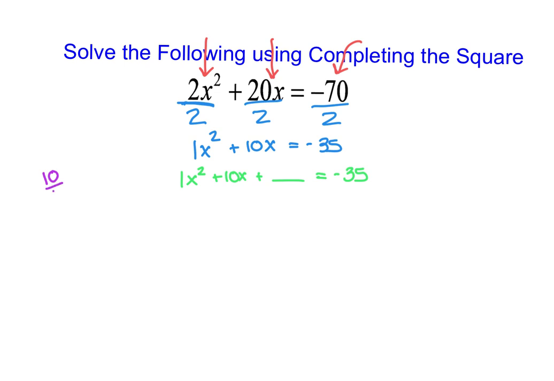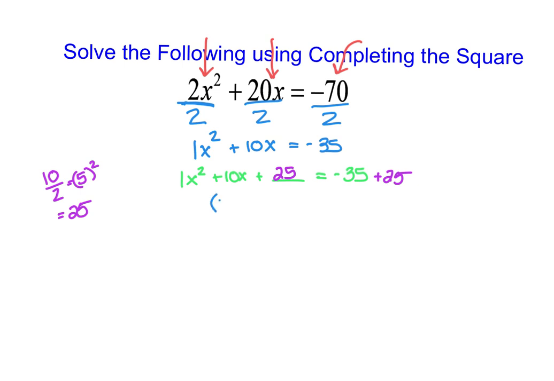We can take 10 and divide it by 2 to get 5, and then if we take that 5 and square it, we find that in order to turn this into a perfect square trinomial, we need to add 25 to the left-hand side of the equation. Now, if we add 25 to the left-hand side, we also have to add 25 to the right-hand side of the equation.